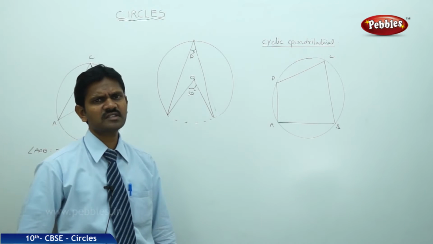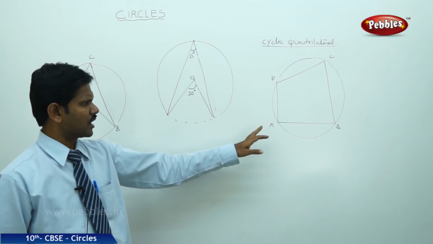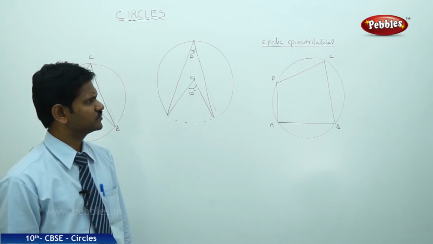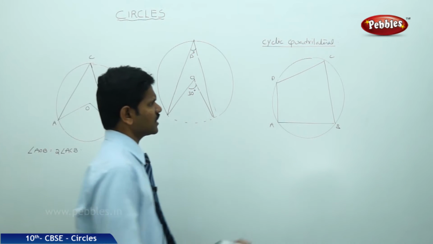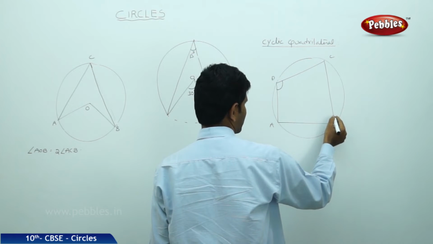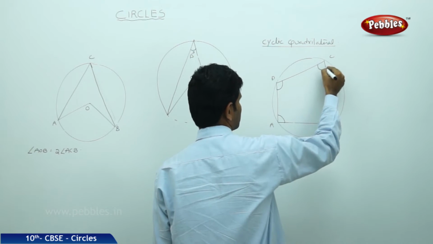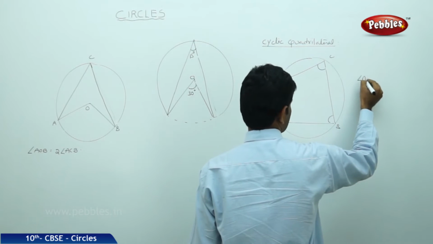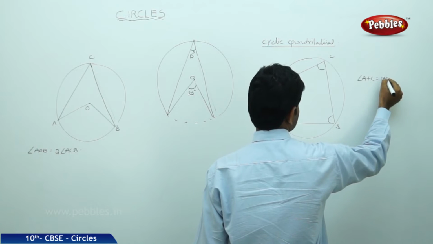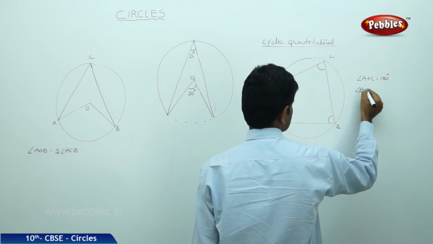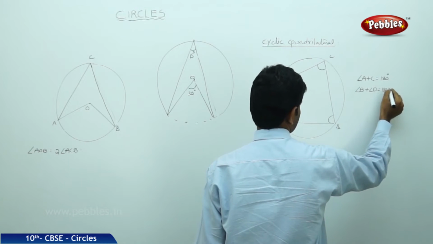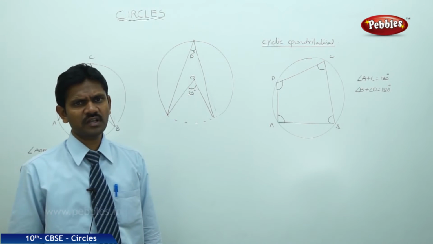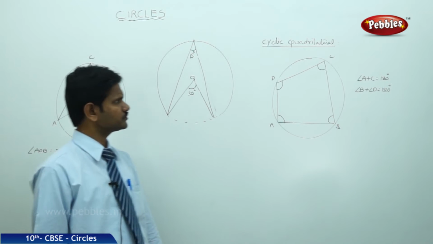Then the points A, B, C, D are called concyclic. In a cyclic quadrilateral, the sum of opposite angles is equal to 180 degrees. That is, angle A plus angle C is equal to 180 degrees and angle B plus angle D is equal to 180 degrees. That is, the opposite angles of a cyclic quadrilateral are supplementary.